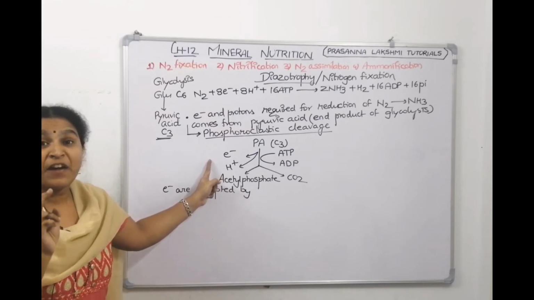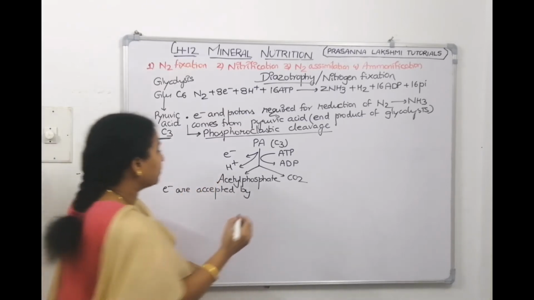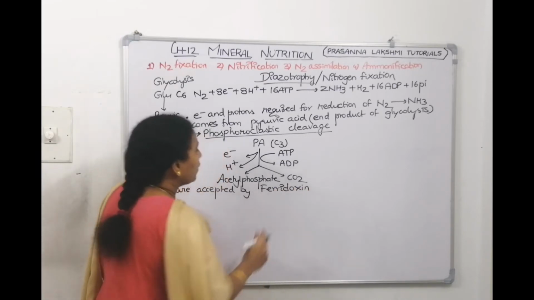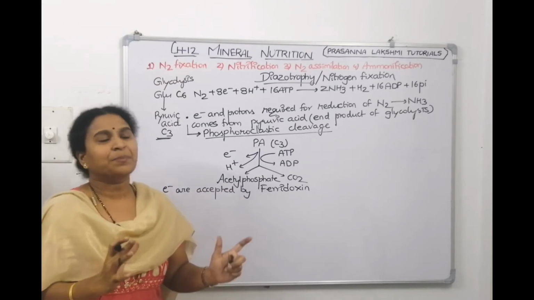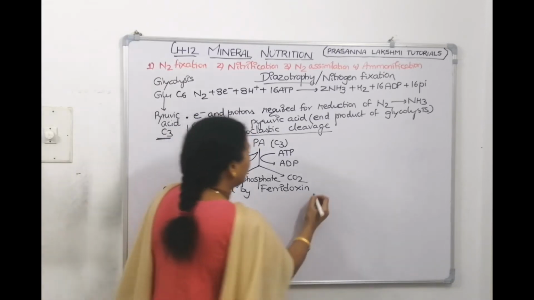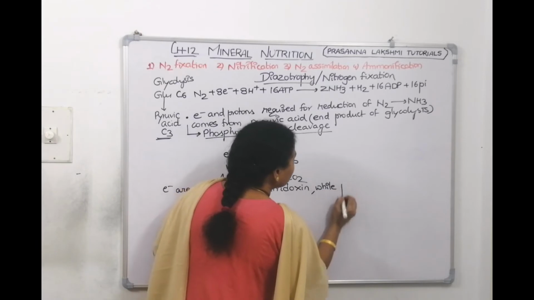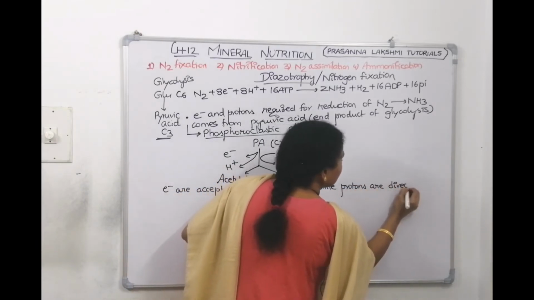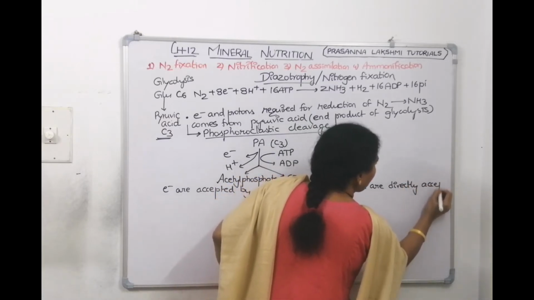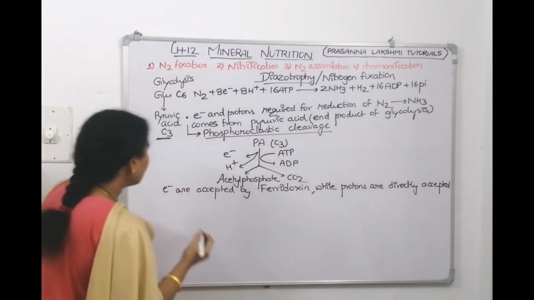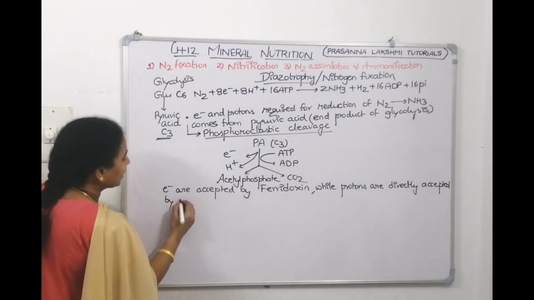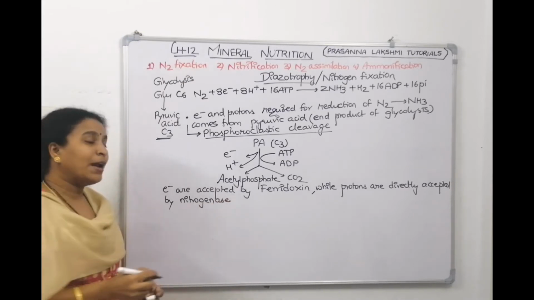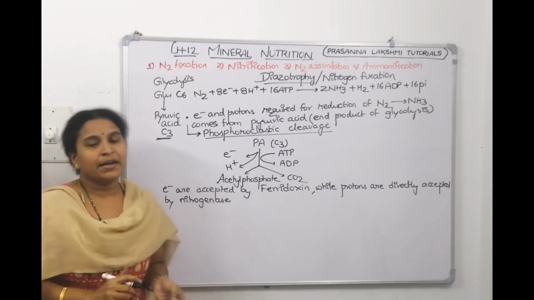Electrons are accepted by ferredoxin, whereas protons are directly accepted by nitrogenase enzyme. Electrons are accepted by ferredoxin, while protons are directly accepted by nitrogenase enzyme.